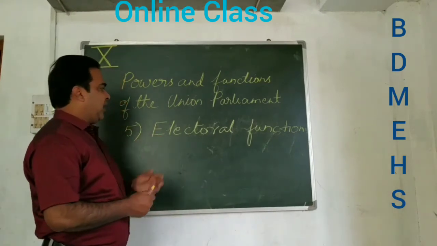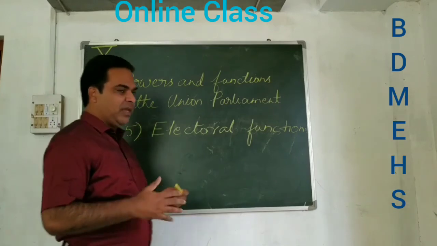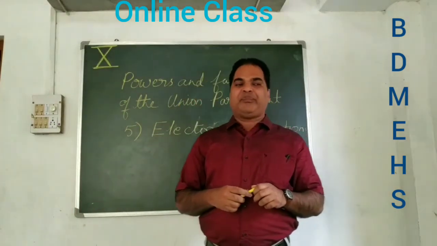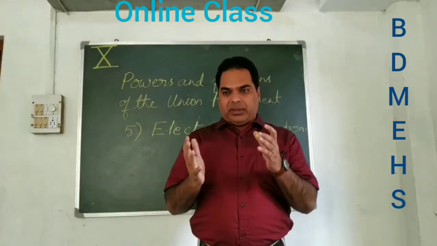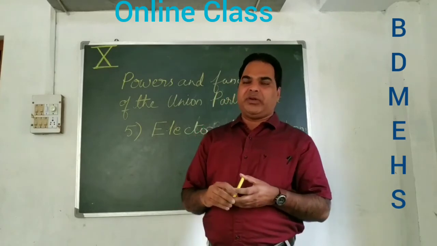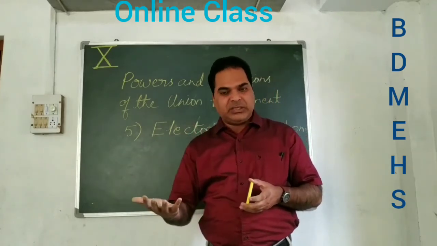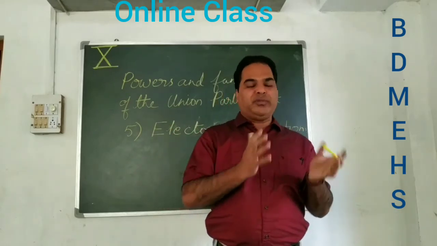Now the last one, the electoral function of the Union Parliament, the elective functions. Both Lok Sabha and Rajya Sabha elect the President of our country, but while electing the President, the members of the legislative assemblies of all the states and the union territories of Pondicherry and Delhi are also involved.